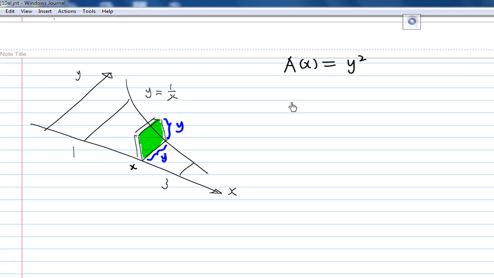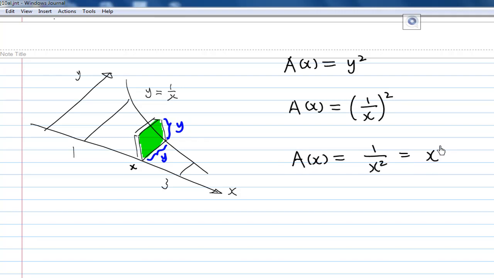Now, what is y then? y is equal to 1 over x. So this is (1 over x) squared. So the cross-section area is equal to 1 over x squared, or x to the power minus 2.